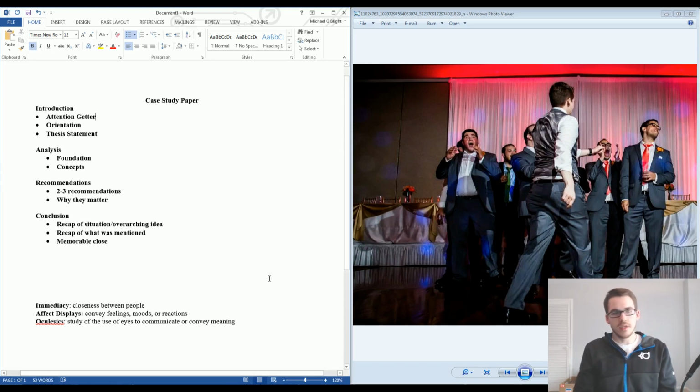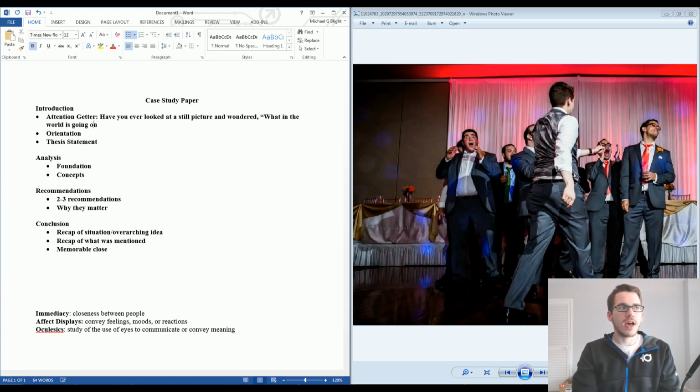For instance, an attention-getting device to the effect of, have you ever looked at a still picture and wondered, what in the world is going on? Weird. I should probably unbold this, by the way.